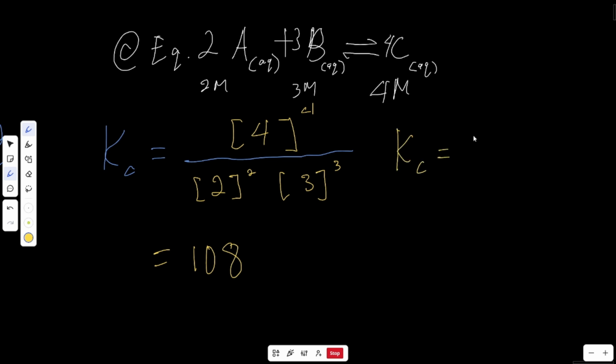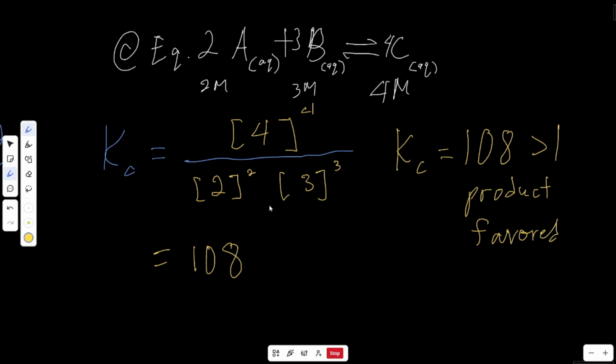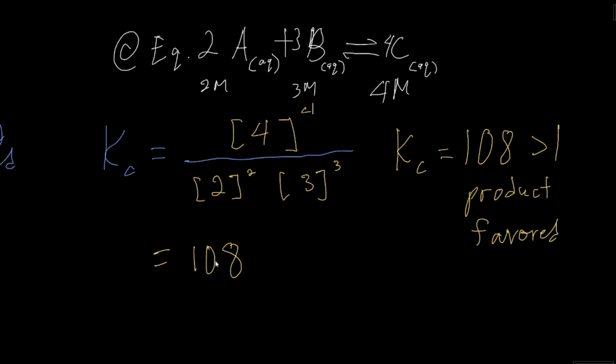So how do we interpret Kc? Kc is 108, and 108 is greater than 1, thus it's going to be product favored. That means that for every complete set of the left side, we produce 108 of the right side.